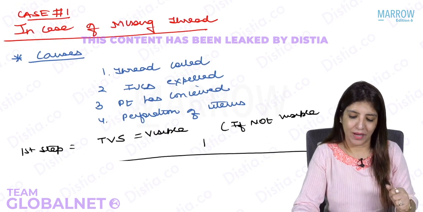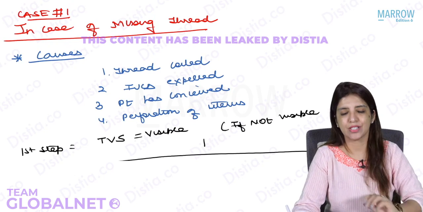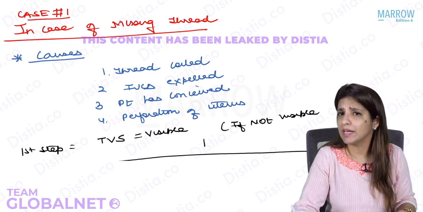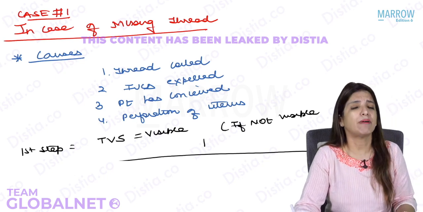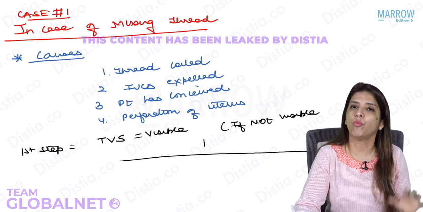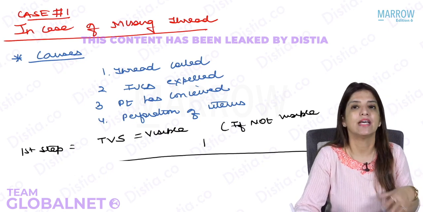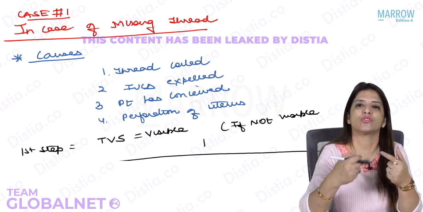Now, case 1, very interesting case. Suppose you have a female who comes to you and says that there is a missing thread, right? She tried to feel her threads while she was taking a shower, but she cannot feel her threads. Now, what are the possibilities? Number 1, the thread has coiled up.